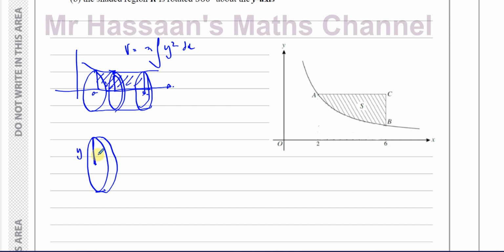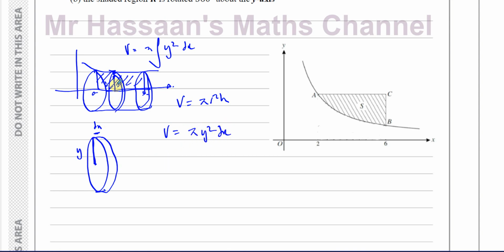That's the radius of the cylinder, and the height of the cylinder, the thickness of the cylinder, is a small amount on the x-axis, a very thin cylinder, which we call dx. So we know the volume of a cylinder is pi r squared h. In this case, r is y, and h is dx. So the volume of this small cylinder is going to be pi times y squared dx.